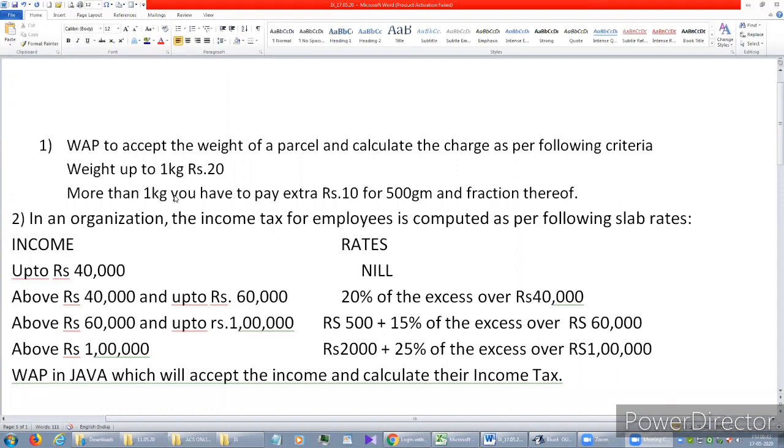Sir, 30 rupees, no, 40 rupees. 30 rupees or 40 rupees? 40 rupees. Songkolon, can you explain why 40?